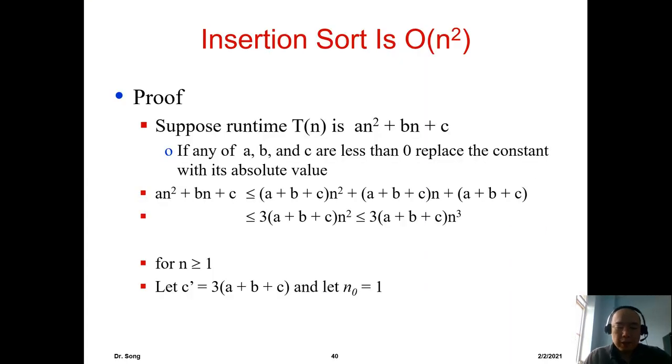Let me come back. We stop here originally, but if we want to slack it even further, or increase it even further, n squared is guaranteed to be smaller or equal to n cubed for n greater than 1, right?